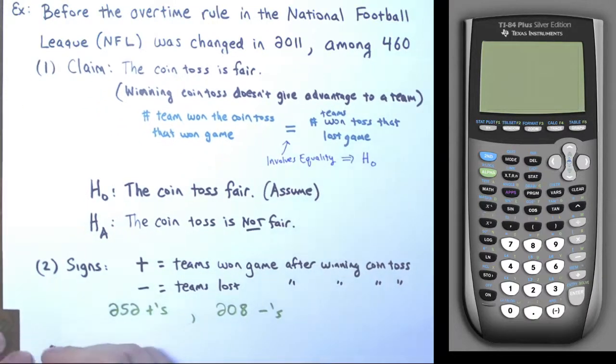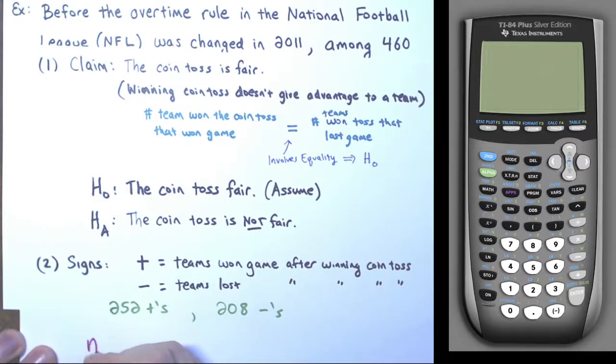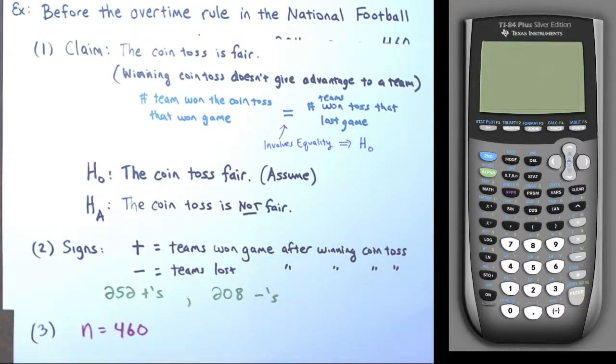So the value of that n, I guess part 3, right, the value of that n is just 252 plus 208, is the 460. So notice that is much larger than our 25 from the chart, from that table of critical values. So we're going to again be doing that z-score calculation and comparing the critical values.